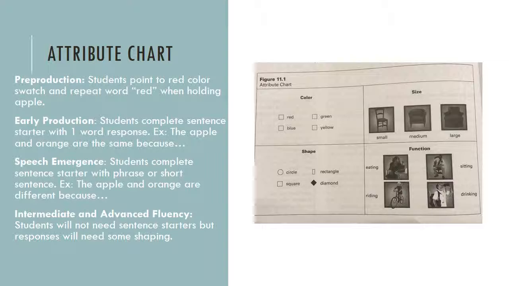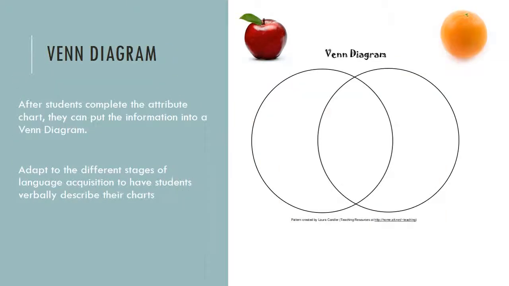The next step is to allow students to choose what items they want to compare and which characteristics they are going to compare. Following the attribute chart would be to have students fill out a Venn diagram. They can use the information from the attribute chart to help them fill this out.